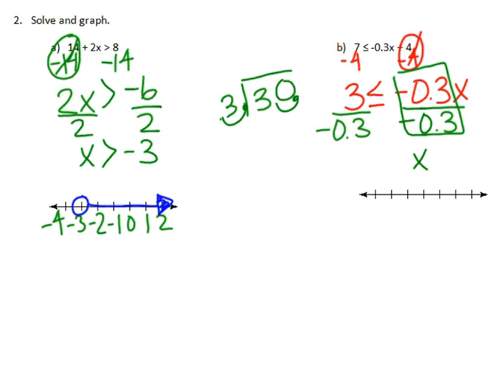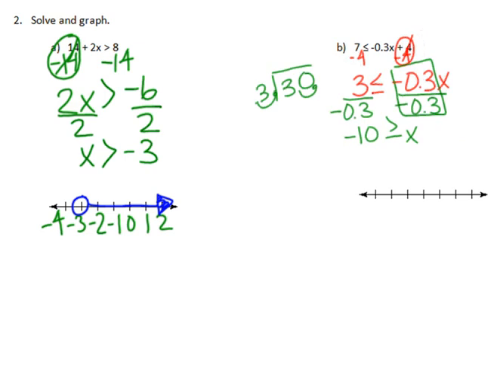Positive divided by a negative is negative, and since I divided by a negative, I have to flip my inequality sign. Sometimes it's easier to do your graph if your variable is first, so I'm going to rewrite, and when I do that, I'm going to have x is less than or equal to negative 10.